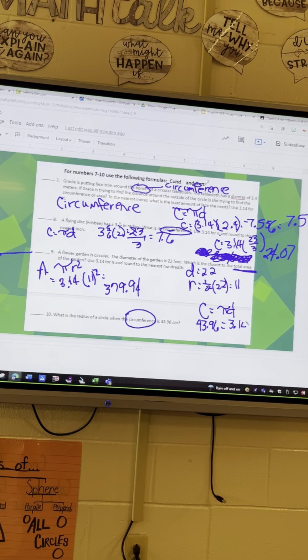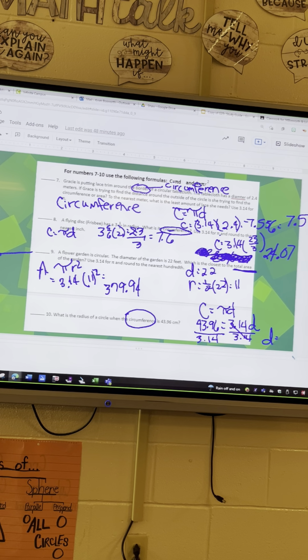3.14 we know is pi. But I do not know the diameter, do I? You're going to divide both sides by 3.14. You can kind of see what to do once you get it written up here. 43.96 divided by 3.14 is 14.